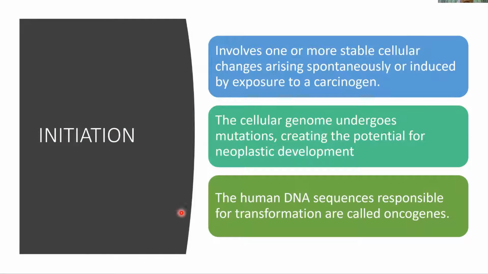Initiation means that carcinogenesis starts from one normal cell. This stable normal cell must change. The changes arise spontaneously or are induced by exposure to carcinogens. Then the cellular genome undergoes mutations, creating the potential for neoplastic development.